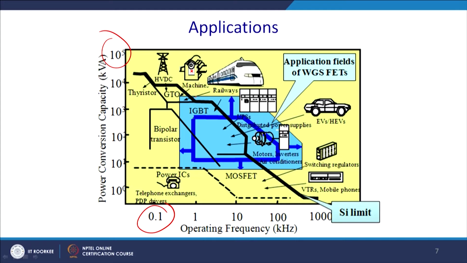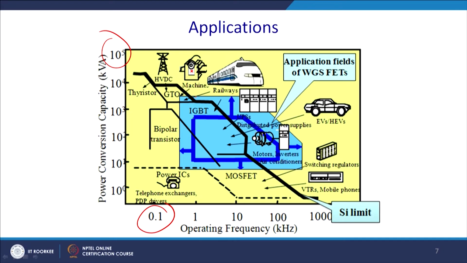IGBT is basically feeding a very big portion of power electronics. It can handle power up to hundreds of kilowatt by paralleling. Its applications are UPS, distributed power supply, small motor inverters, small drives or medium voltage range drives, electric vehicle applications.